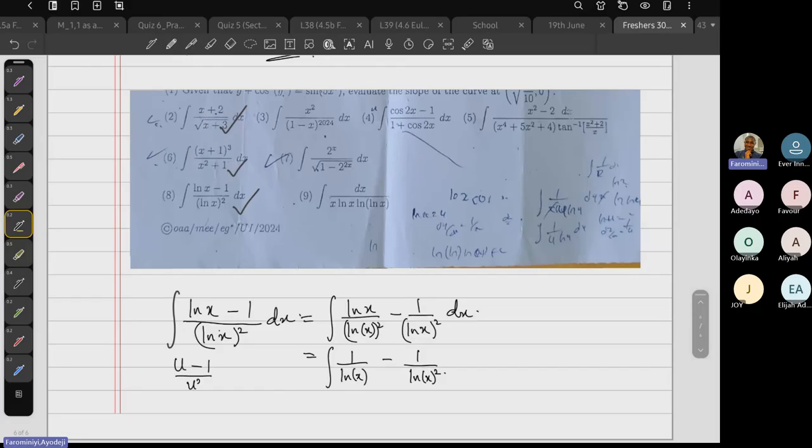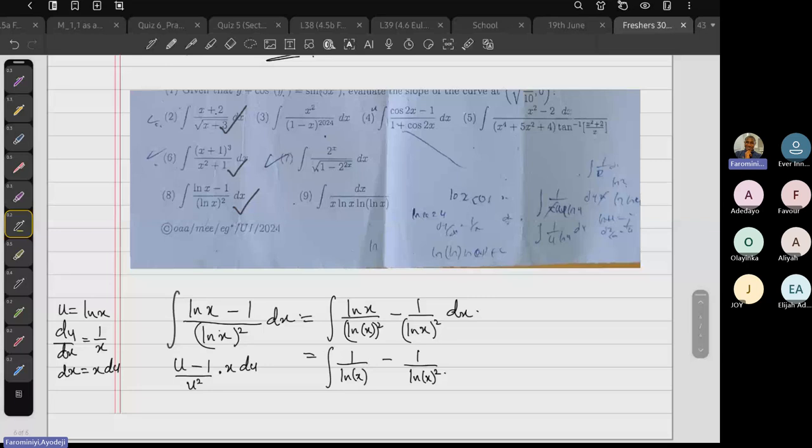But where the problem will come up is the x. If u is equal to natural log of x, du dx is equal to 1 over x. Then it means that dx is equal to x du. So there will be an x that will not go away. Okay? So I have actually thought of it forward some steps.